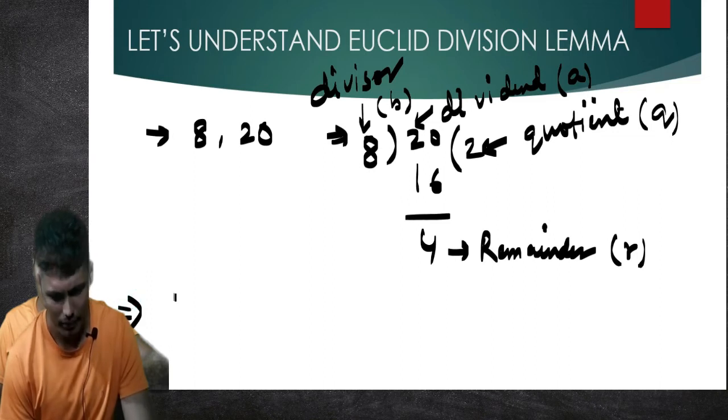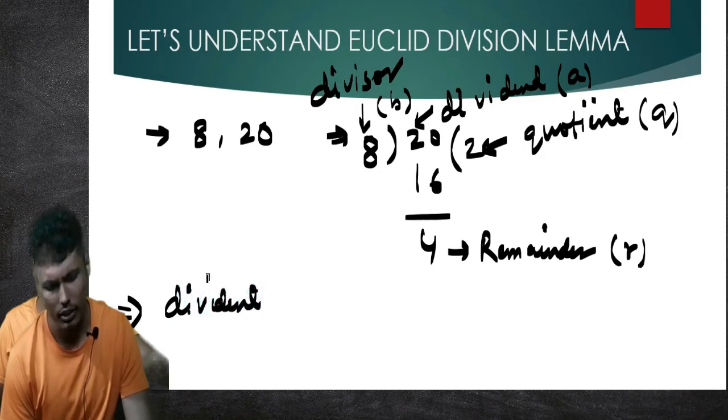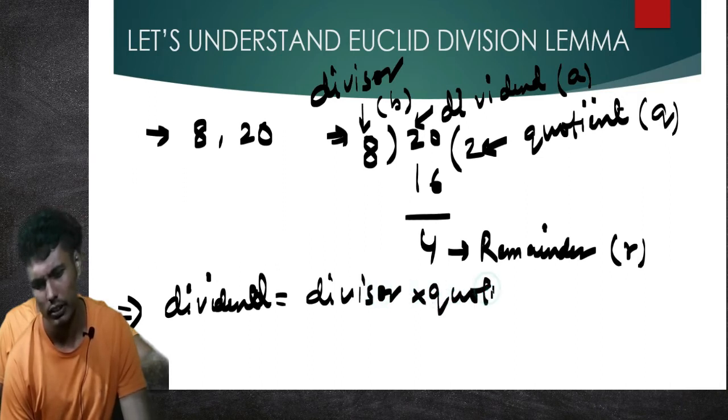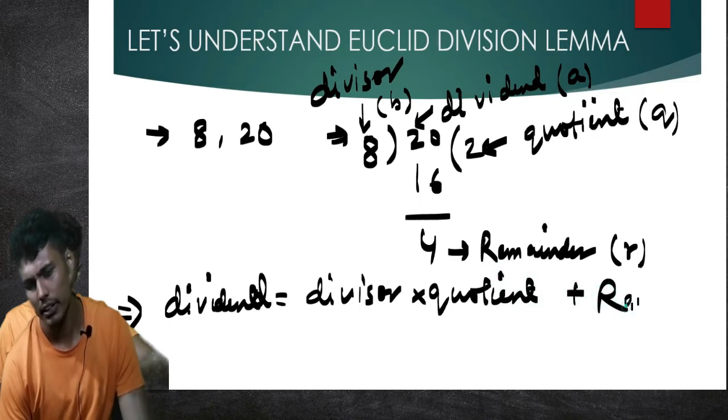Suppose we need to find the dividend. Dividend is equal to divisor into quotient plus remainder.